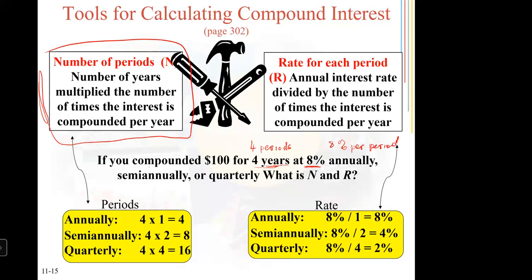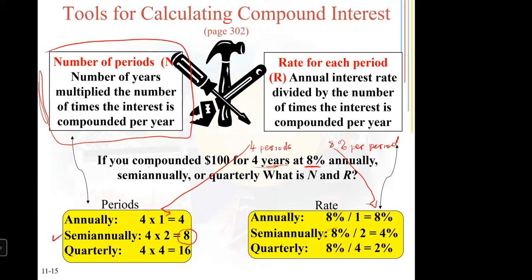Now, you will see here, this is what we had, 4 periods, and then 8% per period. But if you are compounded semi-annually in the second row, if it's 4 years and you do it twice a year, semi-annual is twice a year, you're going to end up with 8 periods.